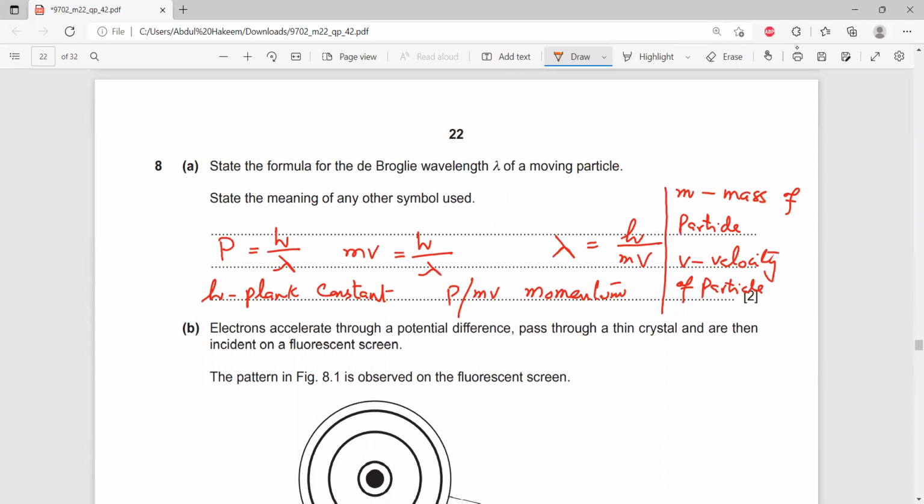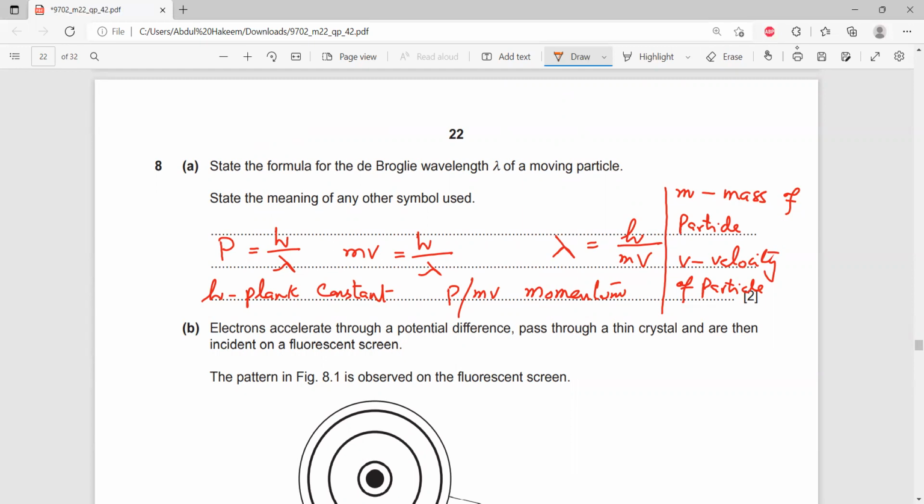State the formula for the de Broglie wavelength lambda of the moving particle. State the meaning of any other symbol used. Look, de Broglie equation is momentum is equal to h over lambda, where h is the Planck constant, and lambda is the de Broglie wavelength.